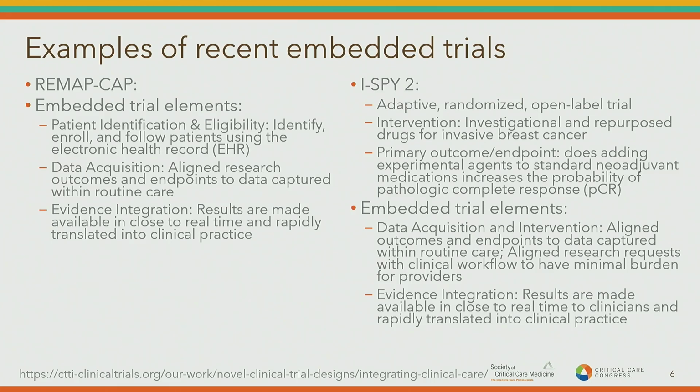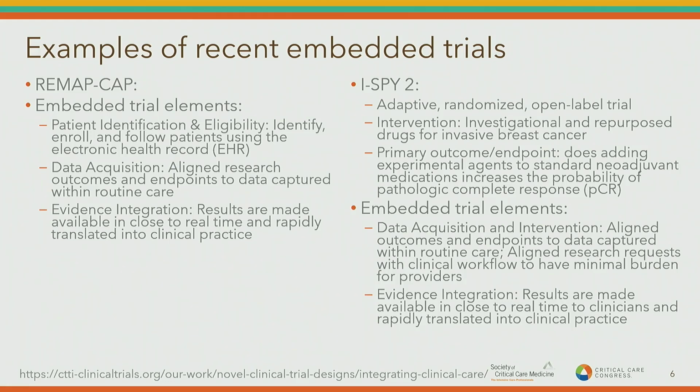Because this is a session about moving beyond COVID, I just want to talk about two platform adaptive embedded trials. REMAP-CAP is one that within the critical care community we are very familiar with. The embedded elements in this trial you can distill down into embedding the concepts of patient identification and eligibility, so using embedded elements to identify, enroll, and follow patients all from the EHR.